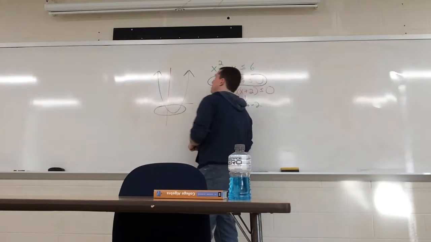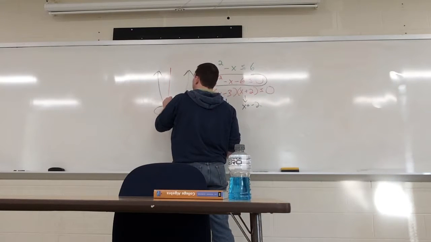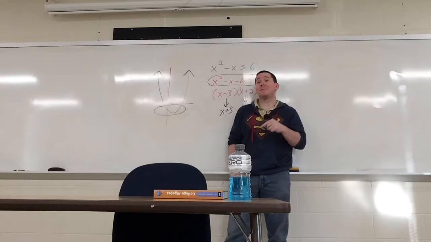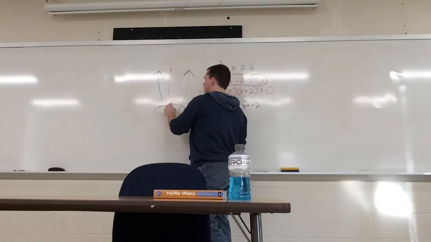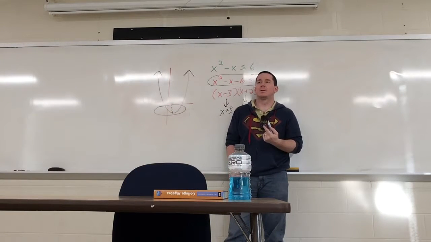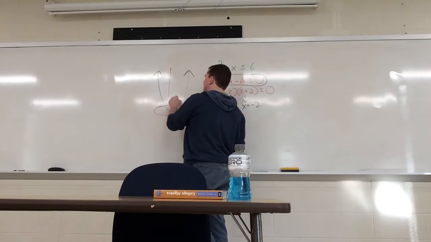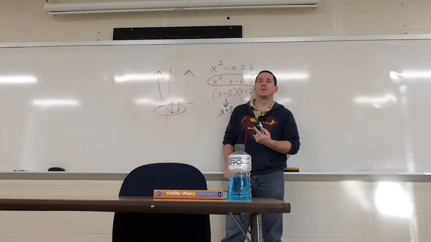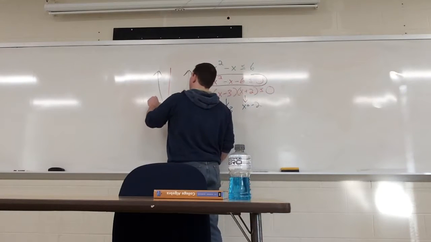If I pick a number, say right here, and plug that number into the function, I get that number down there, which is negative. If I pick some other number in this interval, say right here, I plug it into the function, I get negative. If I pick some third number out here, plug it into the function, I get positive.